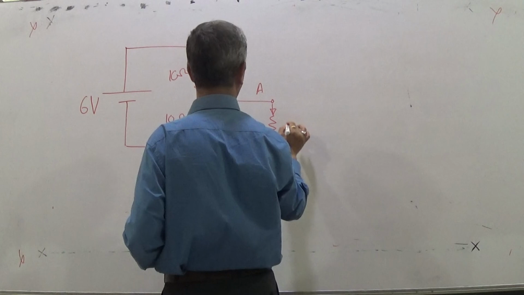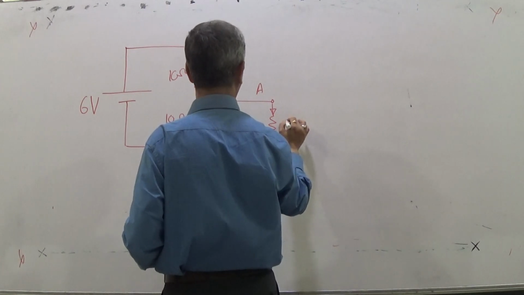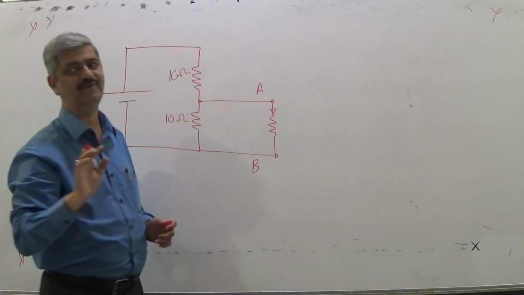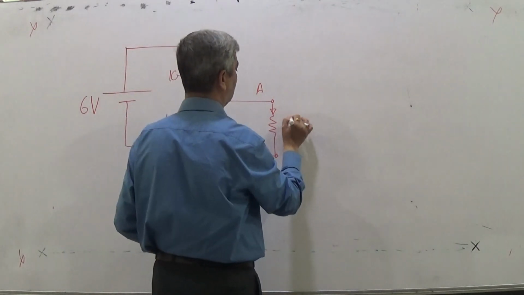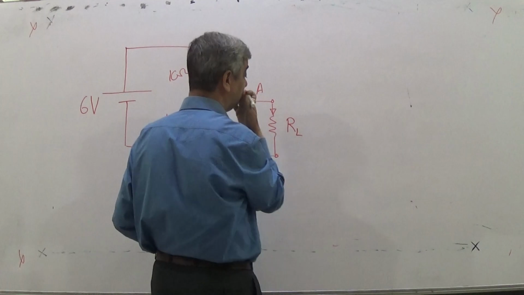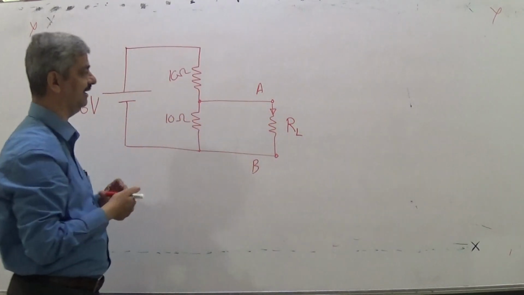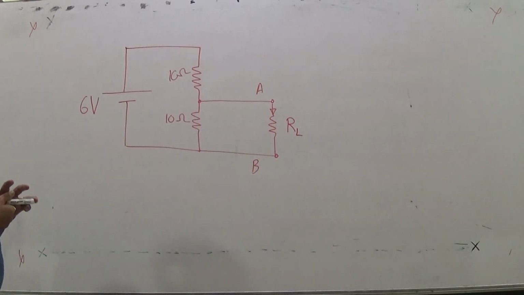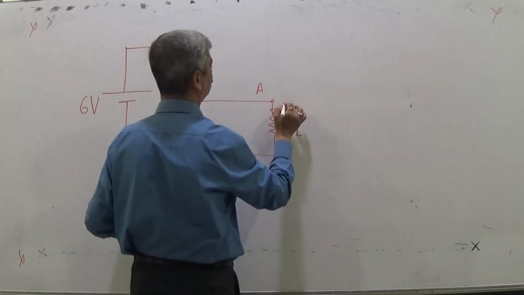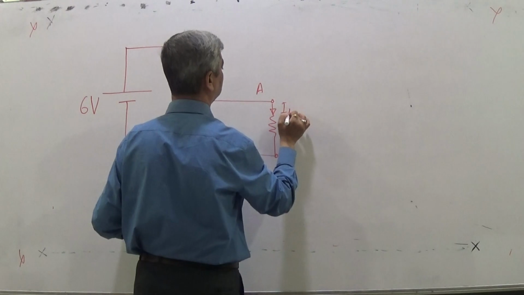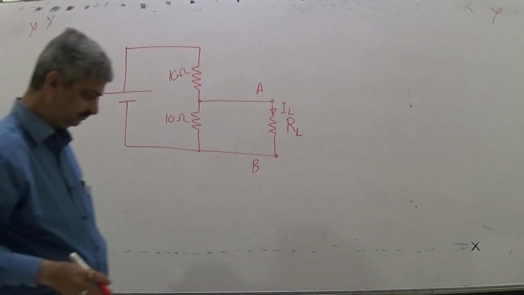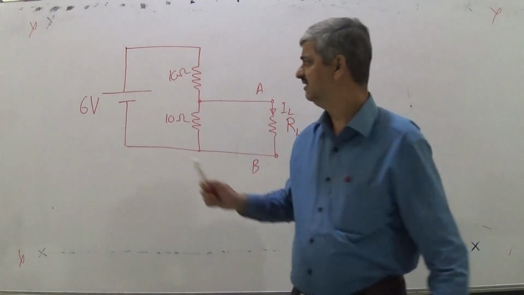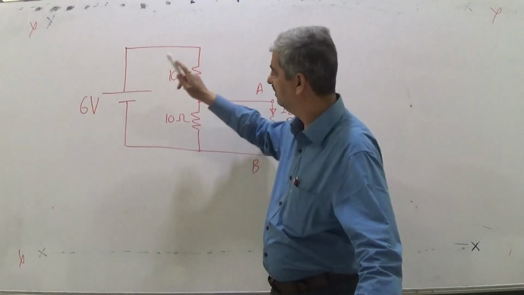what current will flow? If I connect some resistance, maybe I now give a variable name, I keep it as RL. I can give any fixed value also as RL. So how much current will flow through this IL? Very simple construction. 6 volt battery, right?